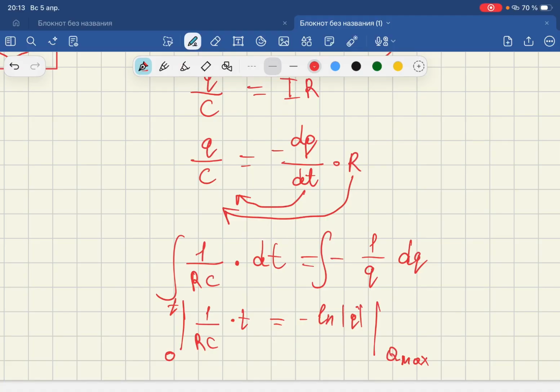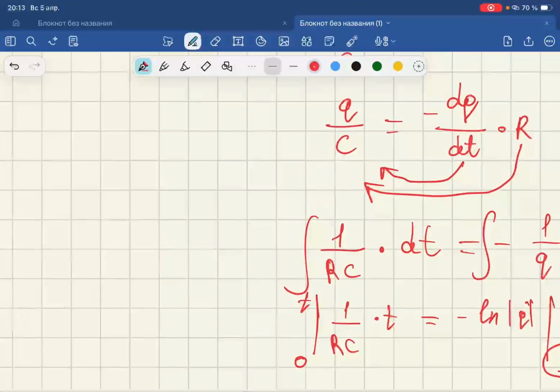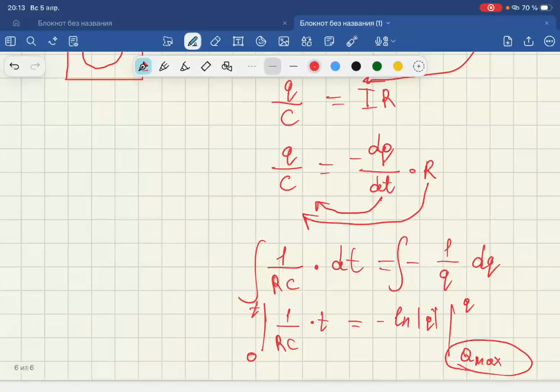but finally it will be some kind of Q. We know that Q max is given, as I showed in the previous part of the problem, and now we will solve the problem by continuing that equation. Let's put all the givens.